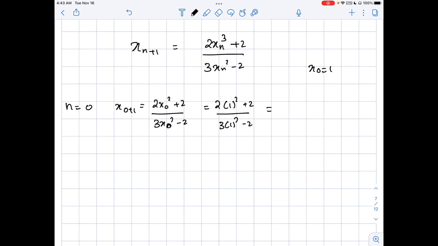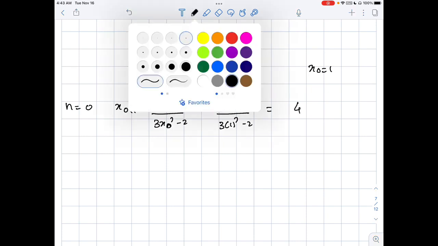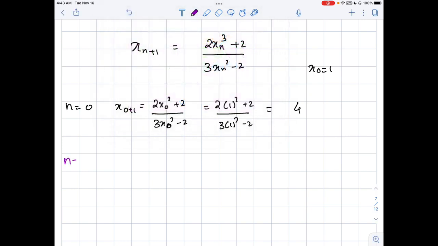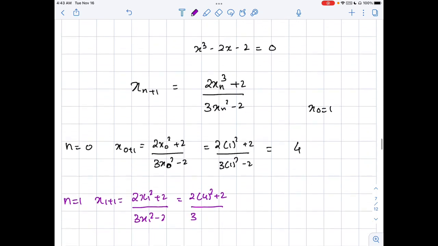I take the calculator: 2 times 1 plus 2 divided by 3 times 1 minus 2, which gives me 4. Next, I am going to take n is equal to 1. So x2 is equal to 2x1 cube plus 2 upon 3x1 square minus 2. The x1 value was 4, and the first one was whole cube, right?